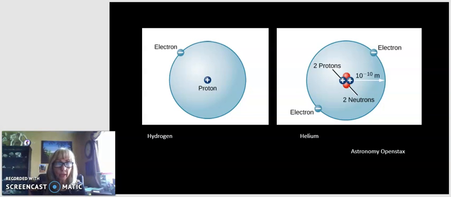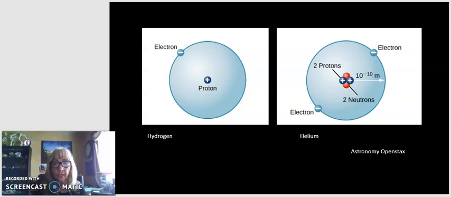Okay, so on the right side we have helium, where we have 2 protons and 2 electrons, and then the red are neutral neutrons that have no charge.